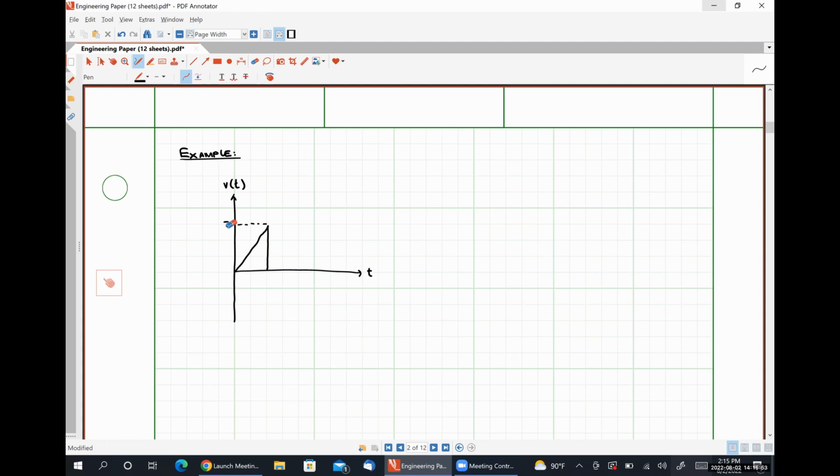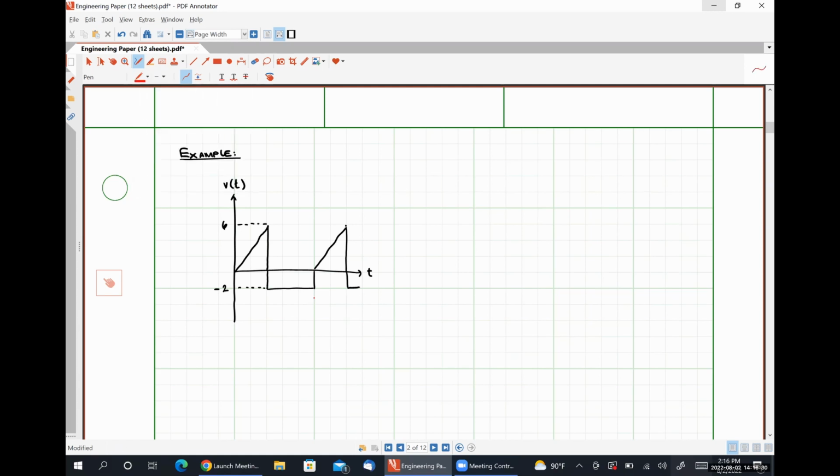Actually, let's make that 6 for scaling purposes. So this is our voltage waveform, and let's assume that it just repeats indefinitely.